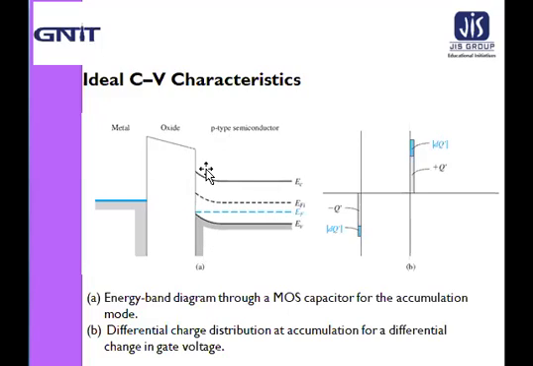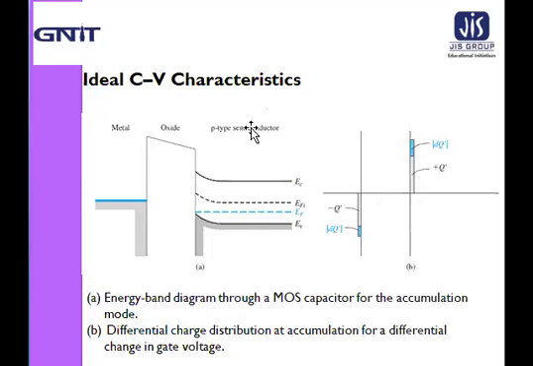Now there are three operating conditions of the MOS capacitor: accumulation, depletion and inversion, which I have already discussed in previous lectures. This figure shows the energy band diagram of a MOS capacitor with a p-type substrate.